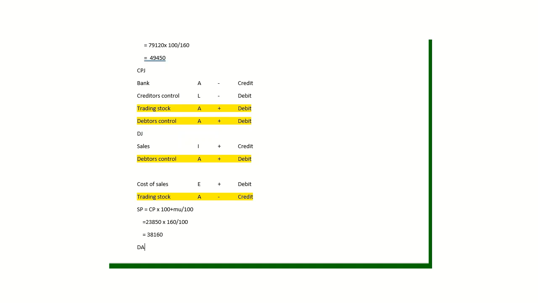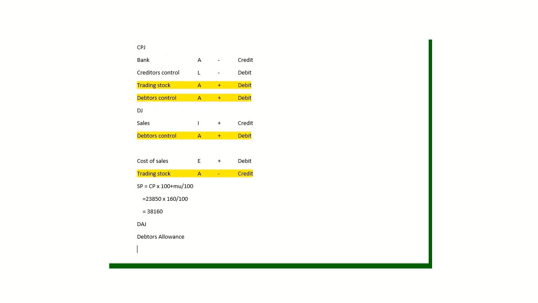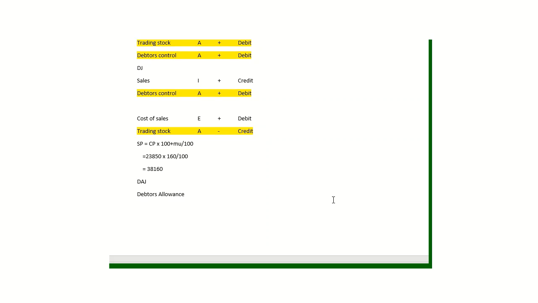The first column is debtors allowance. As I said, the debtors allowance is the selling price of the items that were returned to us. Who returned it? The debtor that owes us the money. So the opposite account will be debtors control.